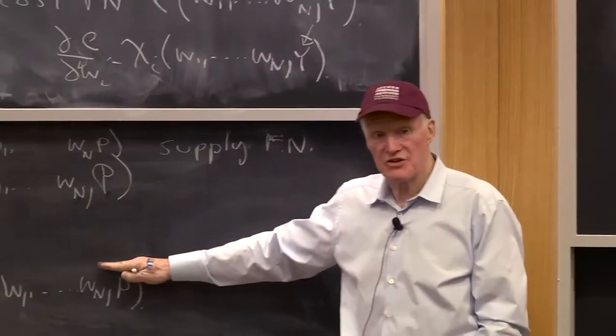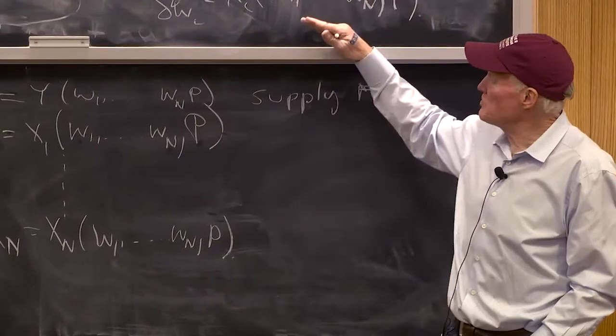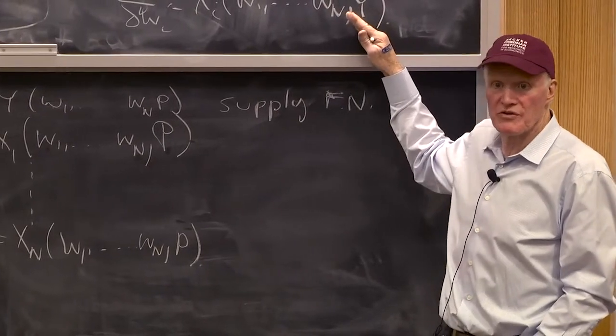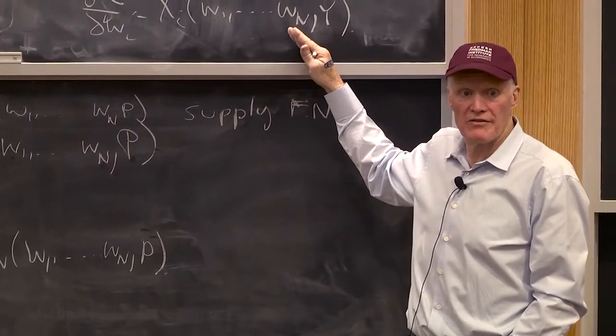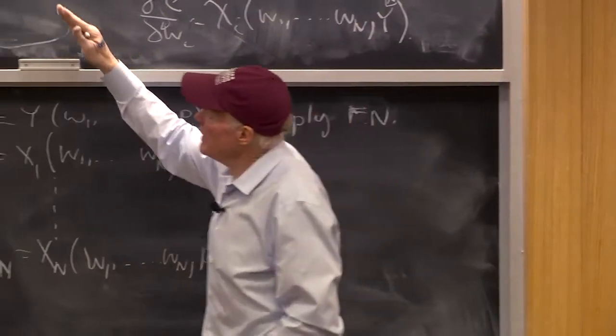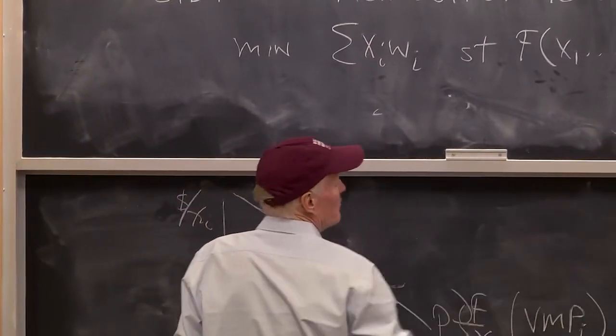These are unconditional because we haven't conditioned on the level of output. In fact, most of the empirical approaches to factor demand actually work with this problem here. Okay? So step one, we're going to minimize cost and get our cost function.